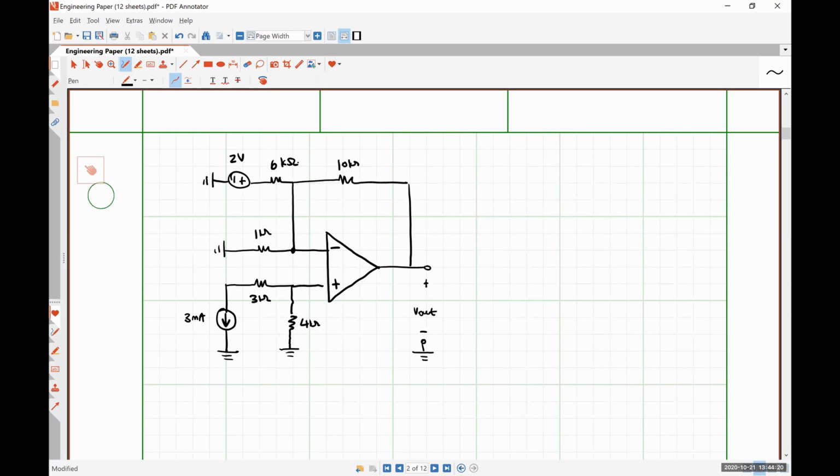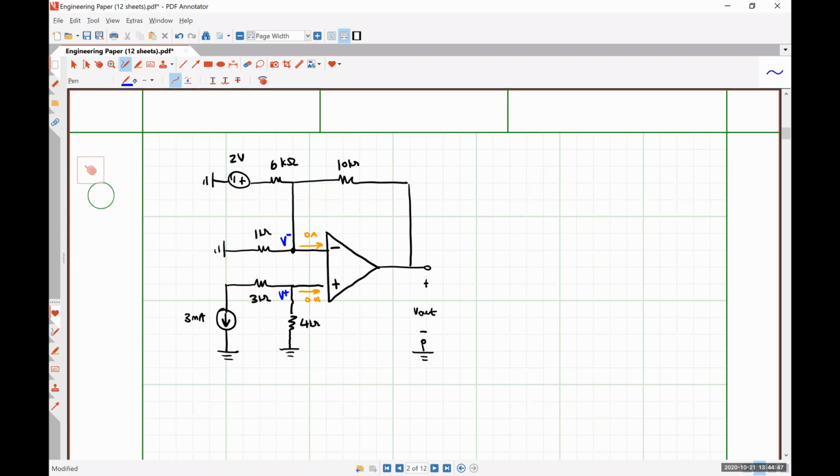All right, so this is a fairly ugly looking circuit. We're going to solve it in just the same way, and we're going to see that the analysis is pretty much just as easy. Applying op-amp rule number 1, we know that this current is 0 amps, and this current is 0 amps. And applying op-amp rule number 2, we know that this voltage V plus has to be identical to this voltage V minus.